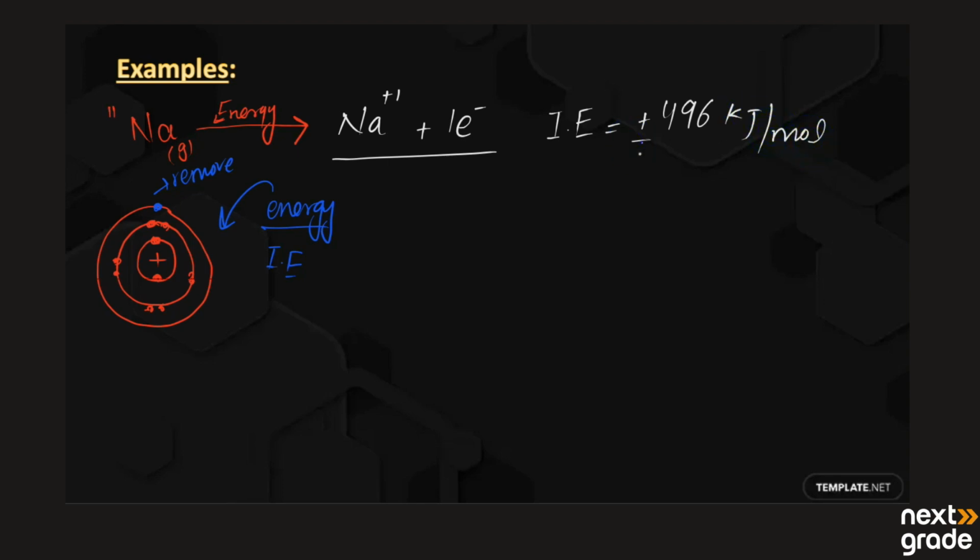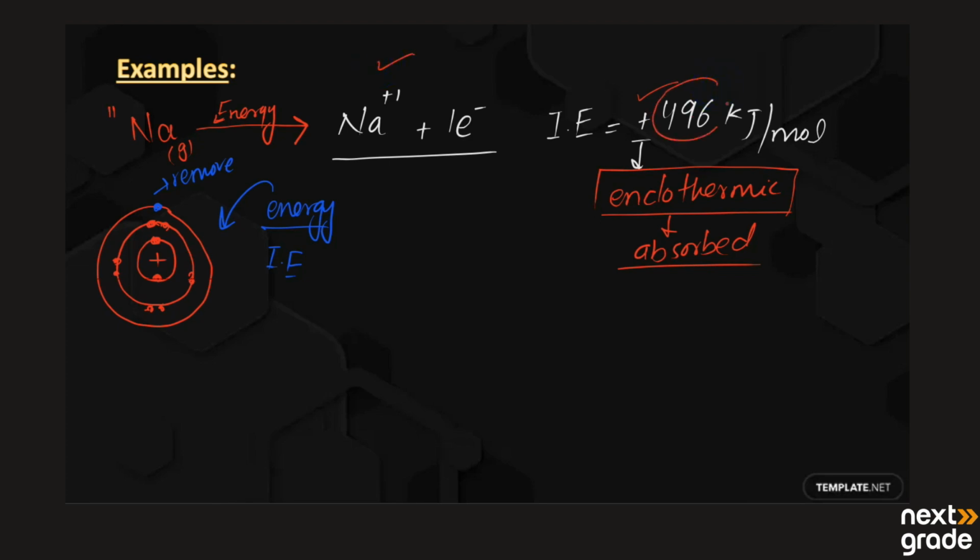The plus sign shows that this process is endothermic. Endothermic means we provide energy, or the energy is absorbed in this reaction. To remove the valence electron from the sodium atom, we need 496 kilojoules of energy for the ionization of sodium.